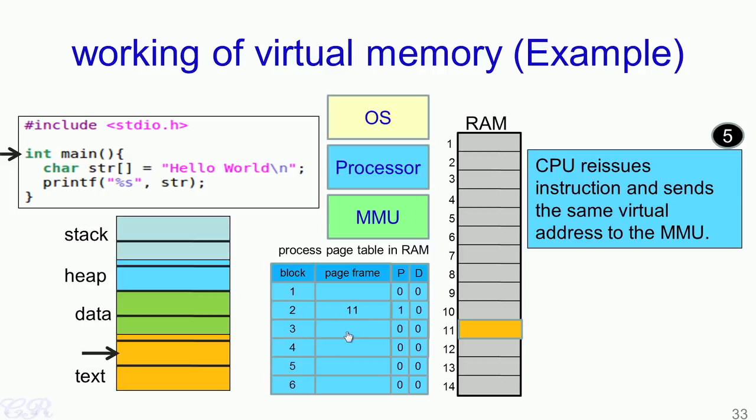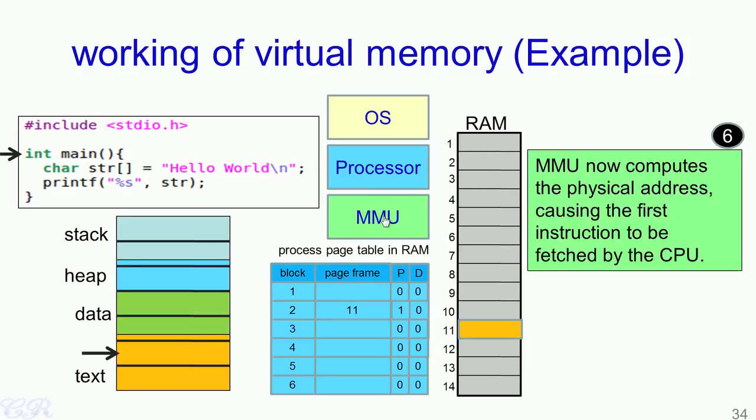Then after the page gets loaded into RAM, the transfer comes back to the CPU or the processor, and the processor would reissue the instruction. This means a virtual address is sent on the processor bus, and it would cause the MMU to convert that virtual address into the corresponding physical address.